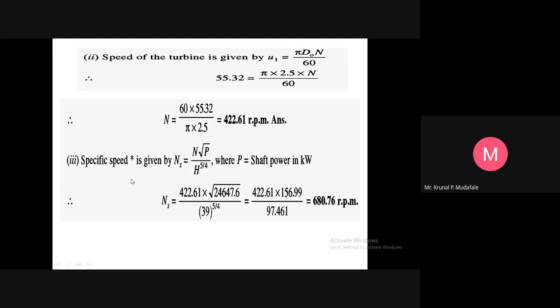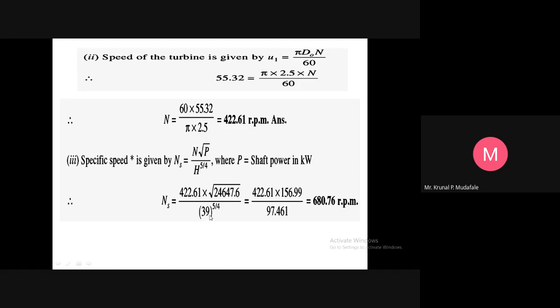The specific speed is given by the equation Ns. Specific means particular, particular in terms of shaft power, right? So for the shaft power, how much specific speed is available, that is the formula: Ns equals N into under root of P divided by H to the power 5 by 4, right? Here P is nothing but the shaft power, which is available in kilowatts directly, and H is the head.